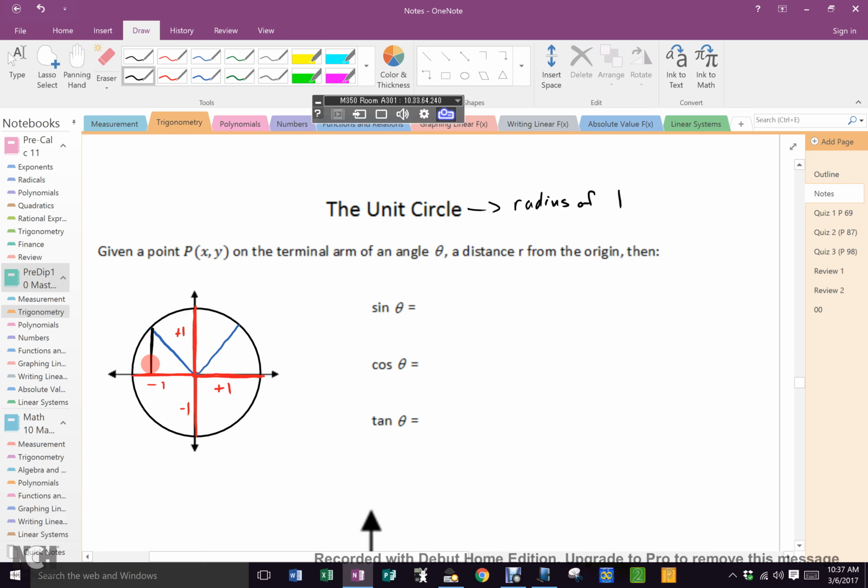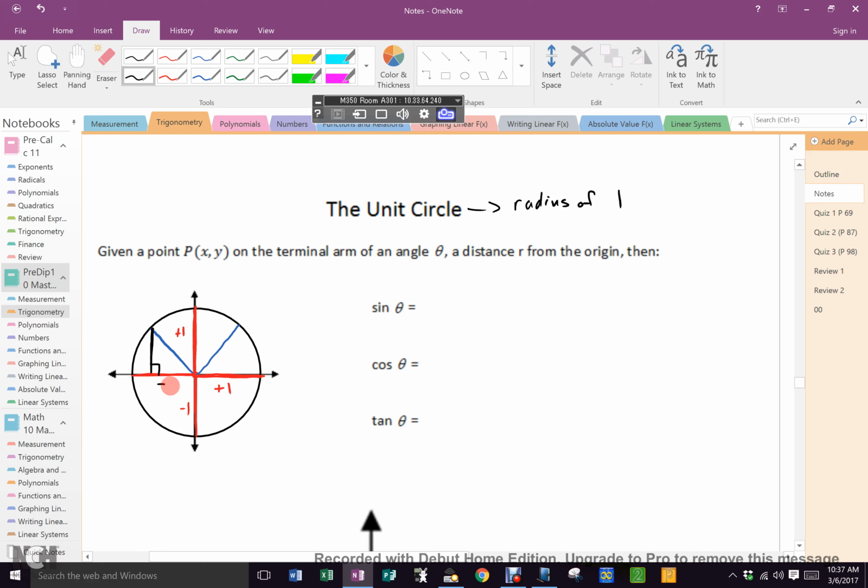Does everyone agree that I made a 90-degree triangle? Yes? Now, how far did I go this way? No. 1 is the radius. How far did I go that way? Is it positive or negative? Negative. Do you know how far I went?